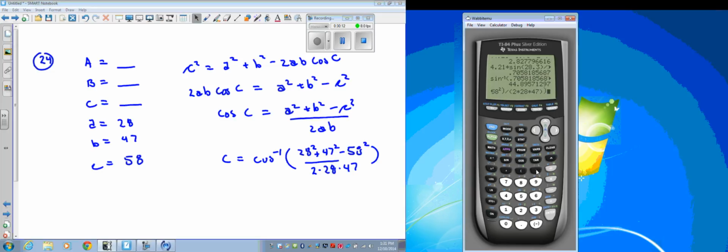Bracket and bracket. That should do it, shouldn't it? Yeah. But if you don't put it in, then it'll just divide 2 into 58 squared, and then multiply the rest of that and sum them otherwise. So, if you don't put it in right, and so we got 98 degrees. And this one was C.